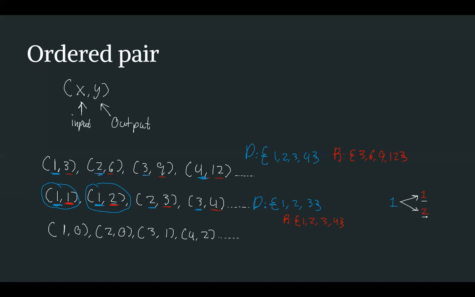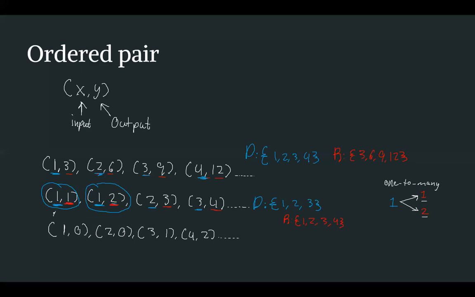So what do you call this mapping diagram? This is one to many. There are two ordered pairs that have exactly the same independent variable, which is 1, but different output numbers, which are 1 and 2.